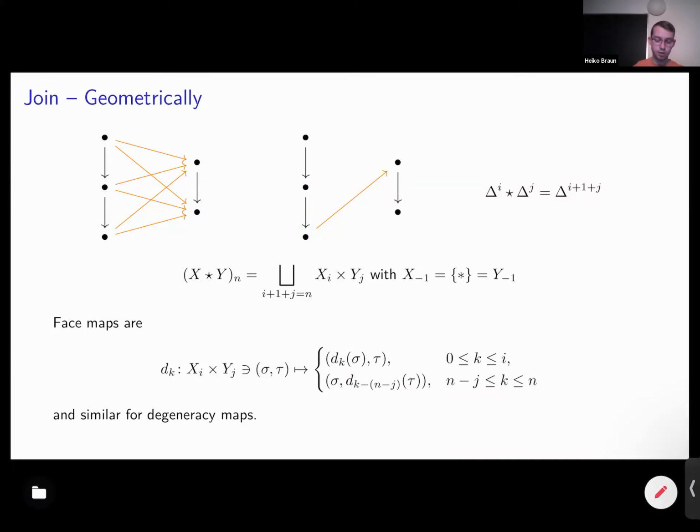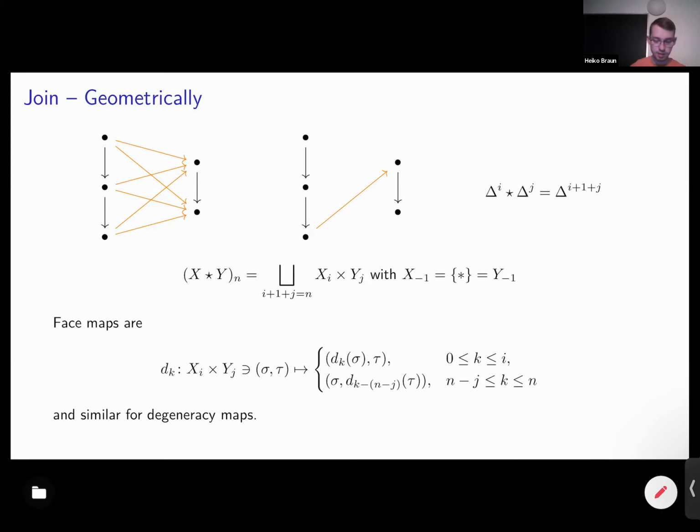And then it's just the ordinary operators in this case, for example. And we can do this for the degeneracy maps too. So this is the join.